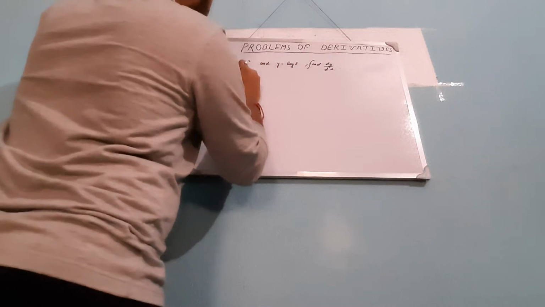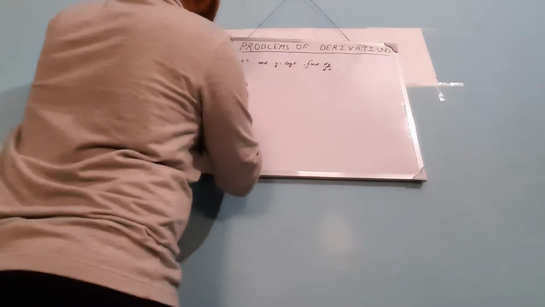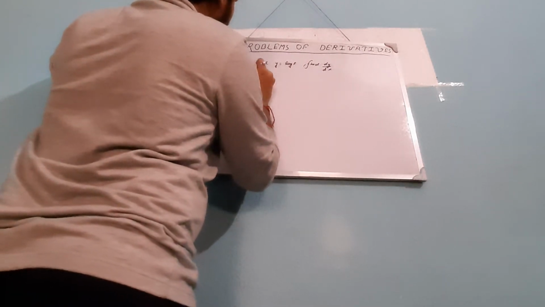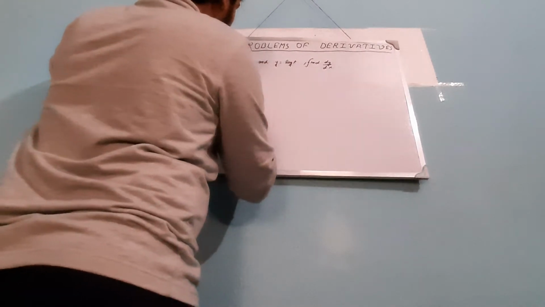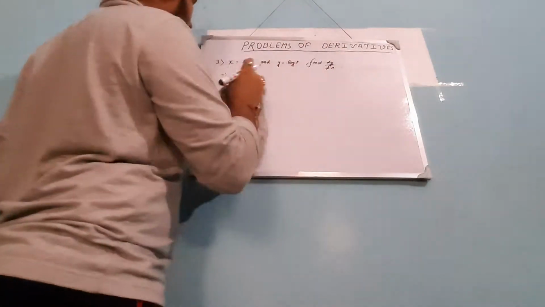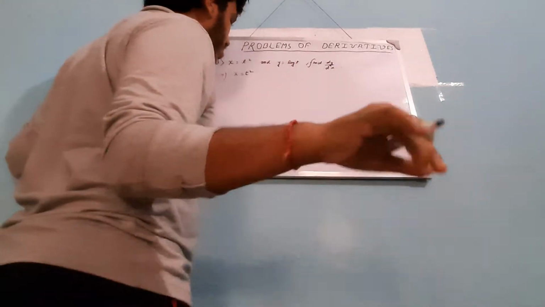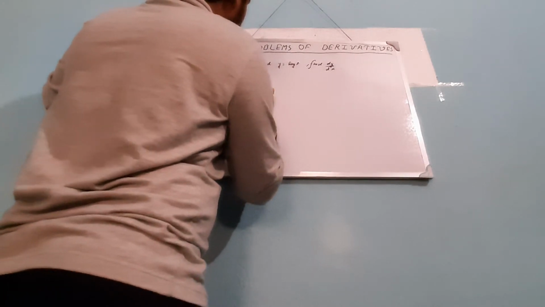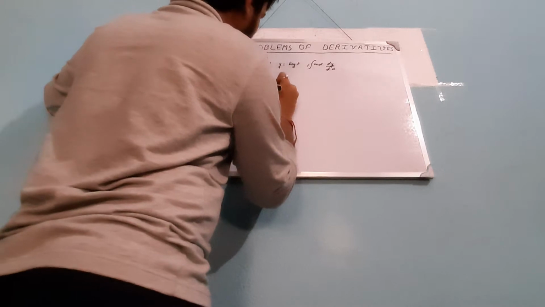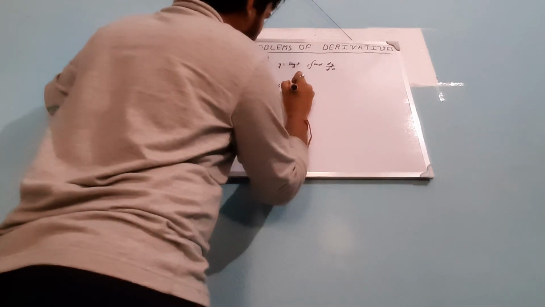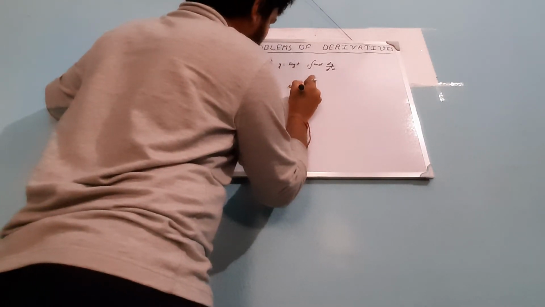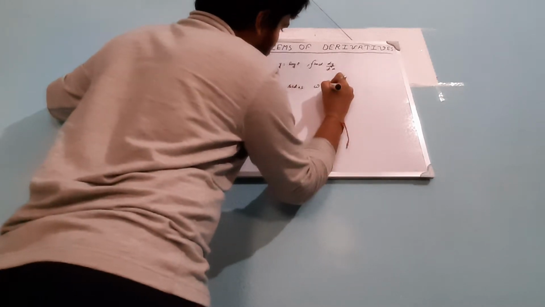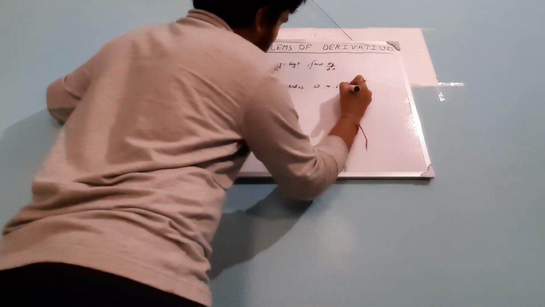So friends, this problem is x equals t square. Differentiating both sides with respect to t.